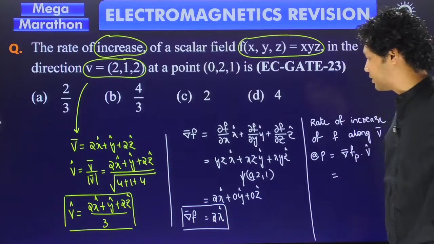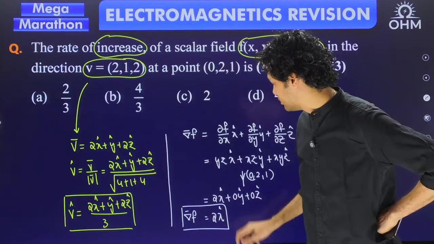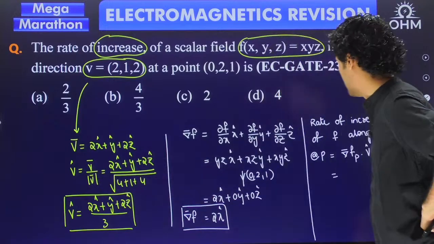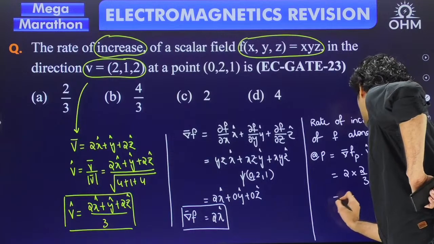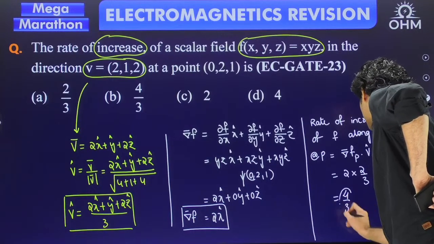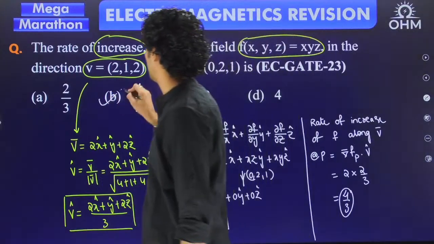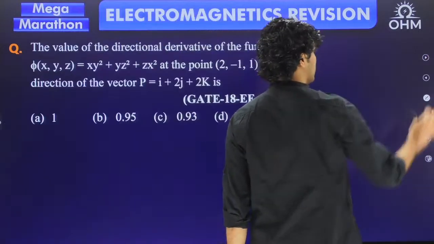So all you have to do is take the dot product of this vector and this vector. If you take the dot product, what will you get? There are only x components, no? The x component here is 2, there the x component is 2 by 3. So 2 into 2 by 3 becomes equal to 4 by 3. Okay, this is a repeatedly asked question. So this is finally 4 by 3, right? Yeah, go to the next question.